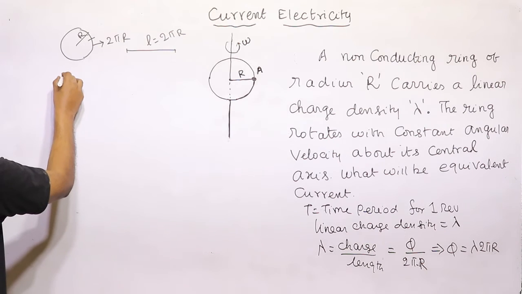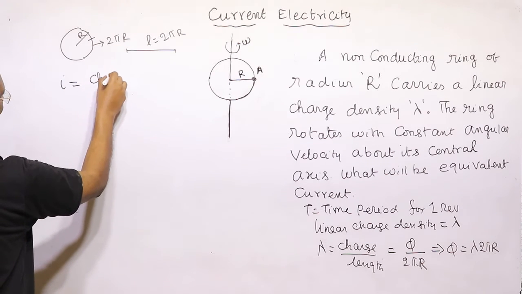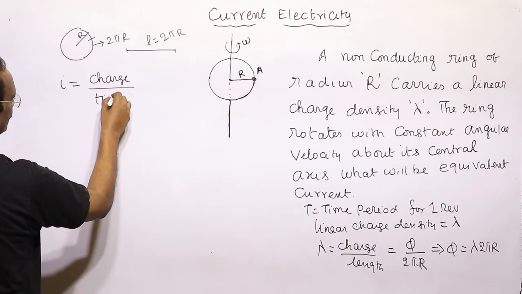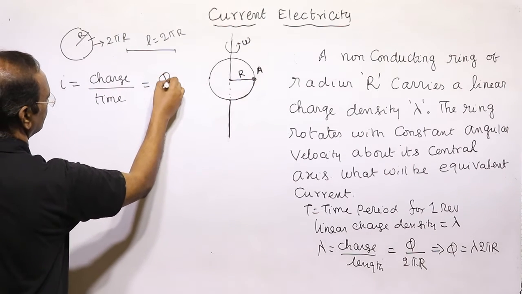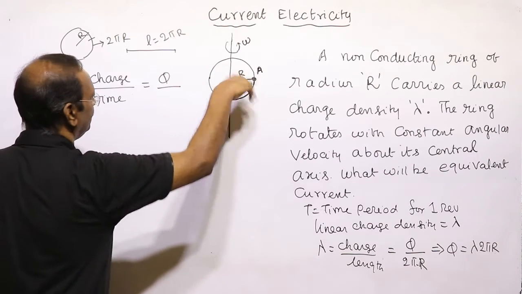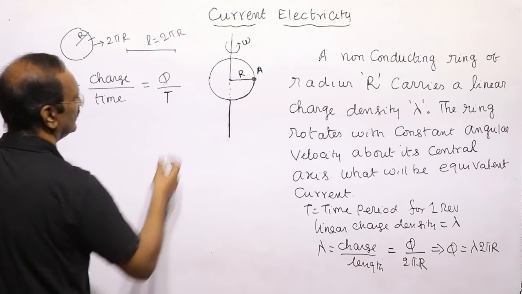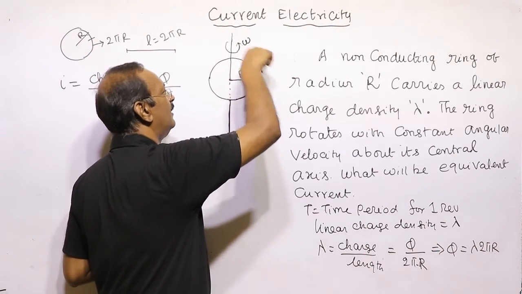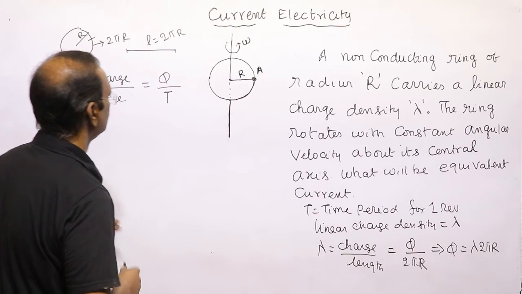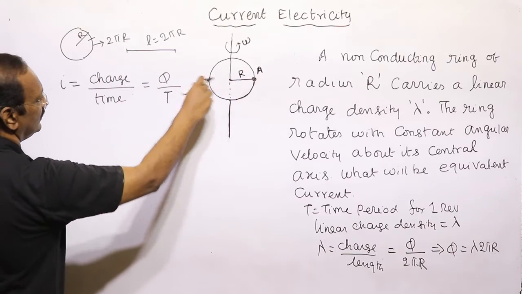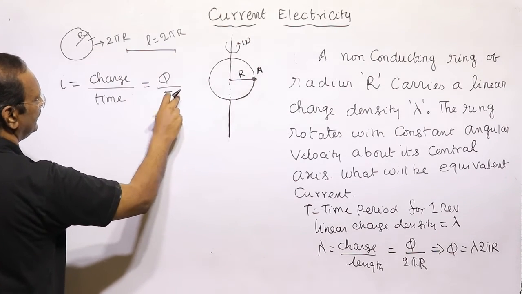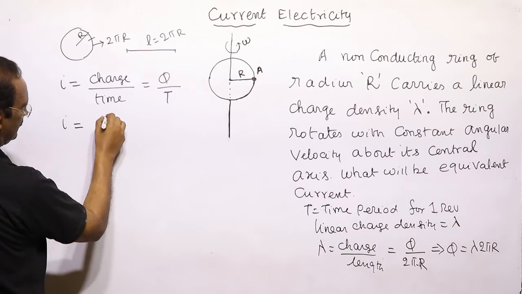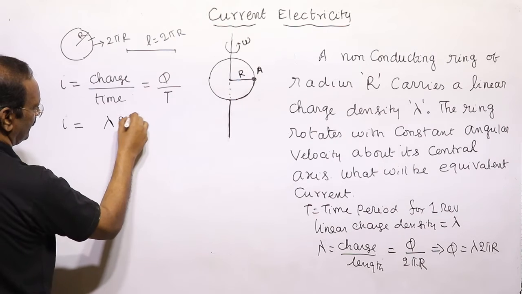We know current is equal to charge divided by time. Here the charge is Q and the time is the time period of one revolution, because the charge passing through this area after one revolution is what is counted. So I is equal to Q divided by time period, where Q is equal to lambda into 2 pi r.